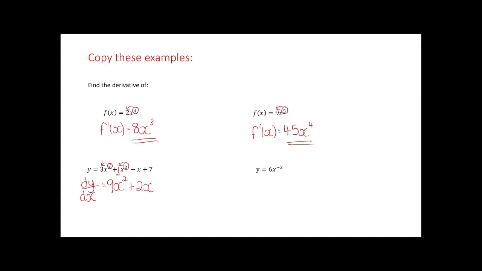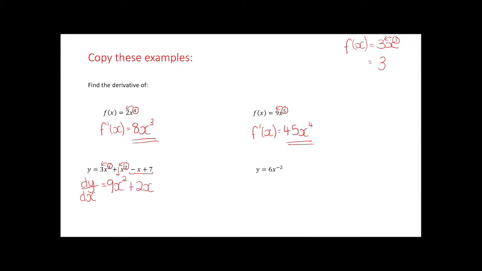Right, this next part I want to talk a little bit more about. So looking at this part here. If you have a function f of x equals, say, 3x, that x, remember, has got a power of 1. So if we were going to differentiate this, 1 would come down and it would multiply by the 3.